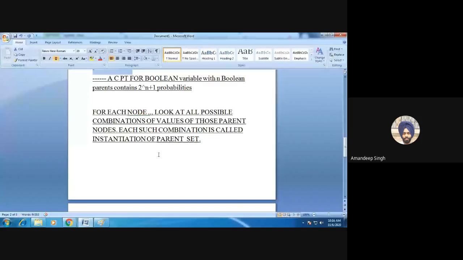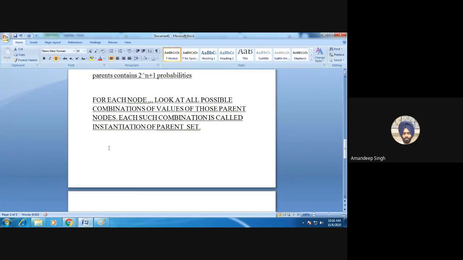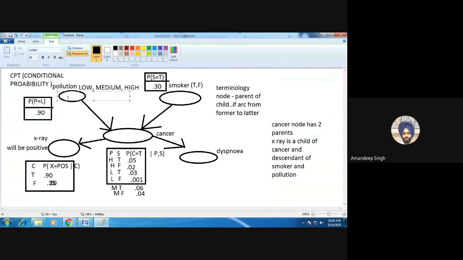Fine. For each node, we look at all the possible combinations of values of the parent nodes. Each such combination is called the instantiation of the parent set. So whenever you consider the values of the parent nodes, each combination of the values of the parent nodes is called the instantiation of the parent set.